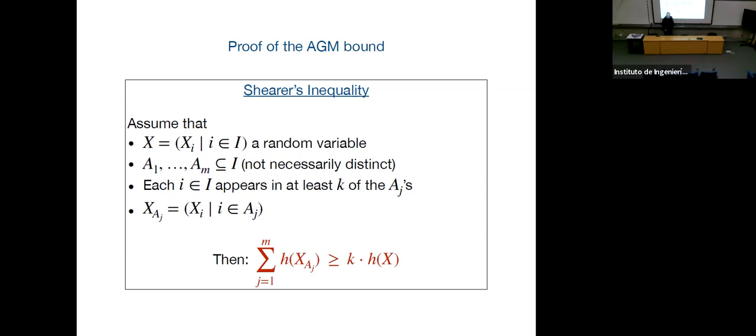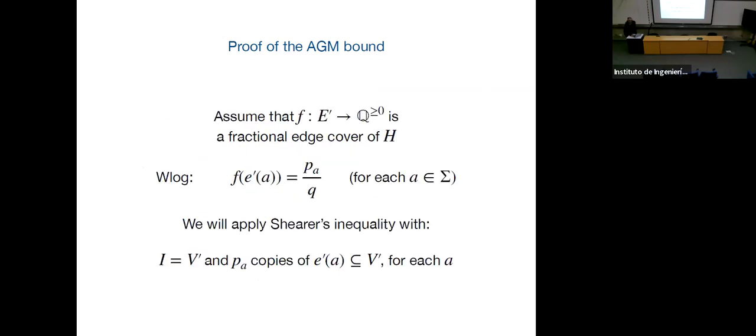Because I don't know the proof of the full inequality, just the one they need for AGM, which is that the minimum number of bits you need to represent a certain value is the entropy of this thing. I think it's the same idea, yes. In the paper, they refer to another proof. They say there is a very simple proof in this place, and I went to see it, and it's essentially what I'm saying, this cancellation. Well, this is Shearer's inequality.